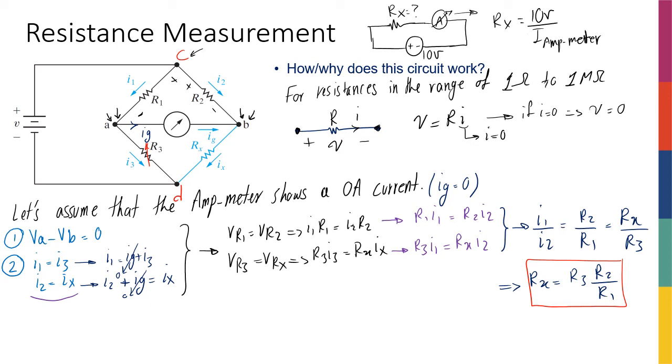Now imagine that in the beginning, when you hook up this circuit, your ammeter shows something that is not 0. Let's say it shows half an ampere, or 1 ampere, or whatnot, right? And then what you do is start changing the resistance of R3 using your screwdriver.